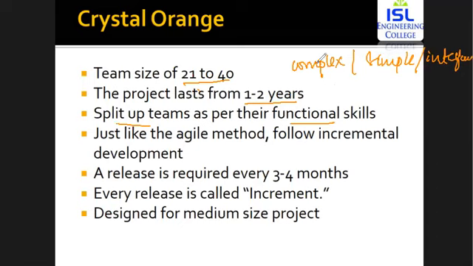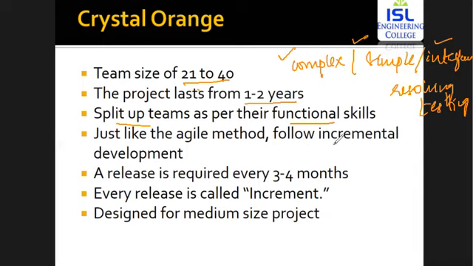So based upon the functional skills, the people that are skilled to work on complex software, on different interfaces, or specific people that are very good at resolving issues or testing, based upon that you're going to make different teams so that they can focus on the work that they are skilled in. Like a particular person, if you're hiring a person that has full knowledge of some particular area only, then if he works on the project in that specific area, it is going to be very good for the company as well as the project. It is also going to decrease the time taken to develop the project.